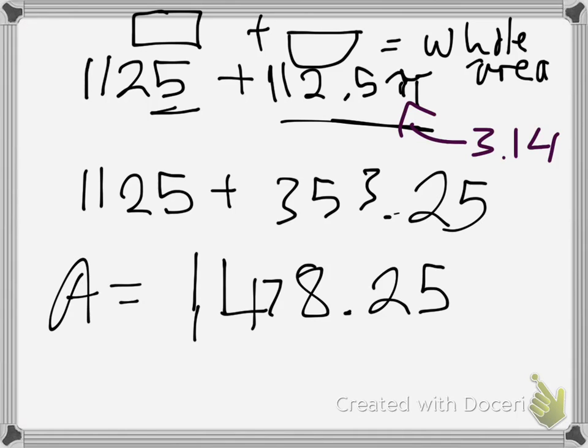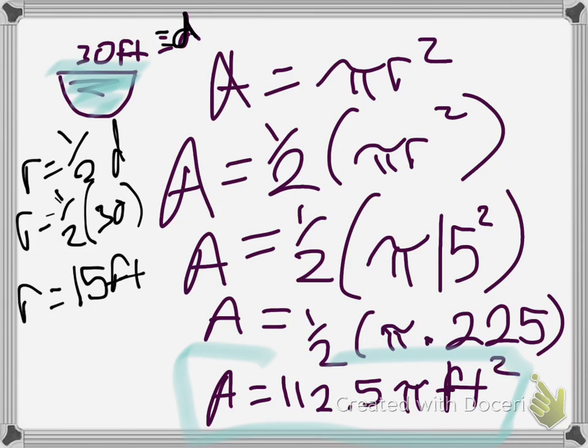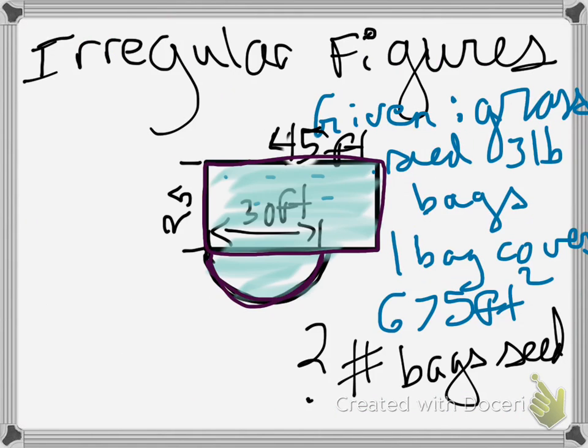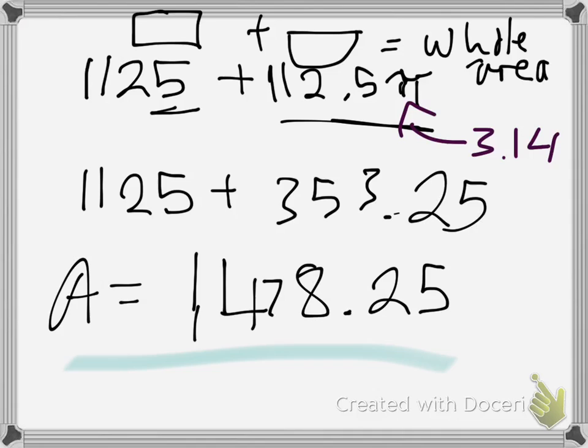Okay, let's look back at our target question. Now that I have my area, our target question was the number of bags of seed. We're given that the grass seeds are sold in 3-pound bags, and one bag covers 675 square feet. So this is our total area.